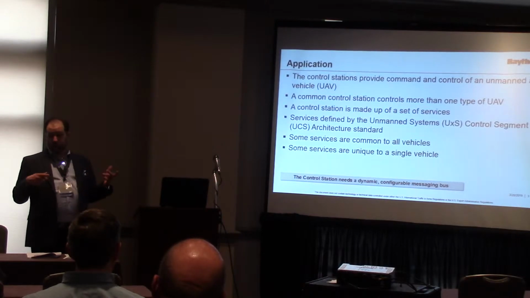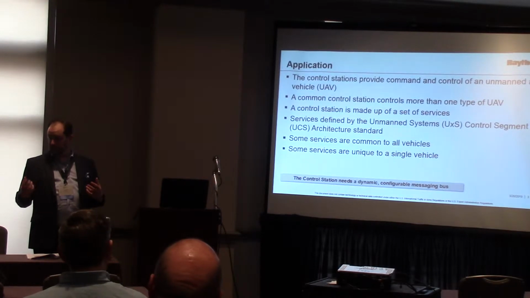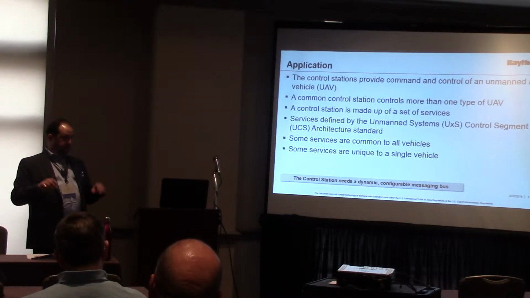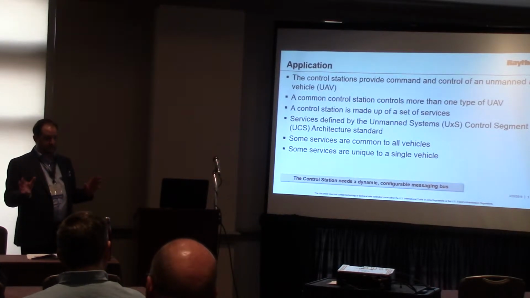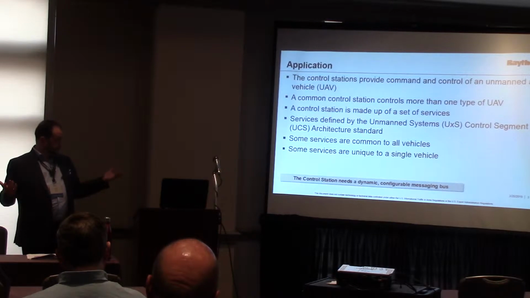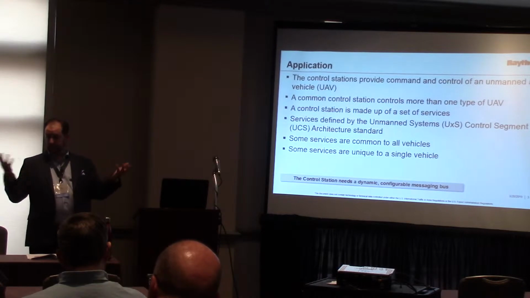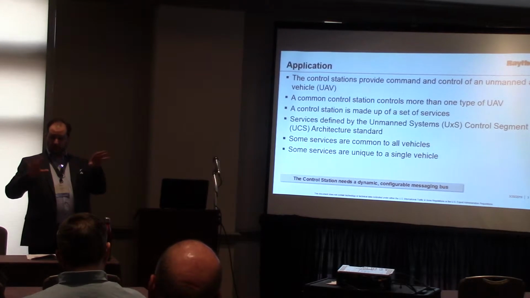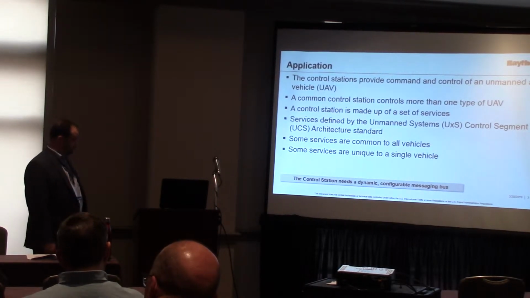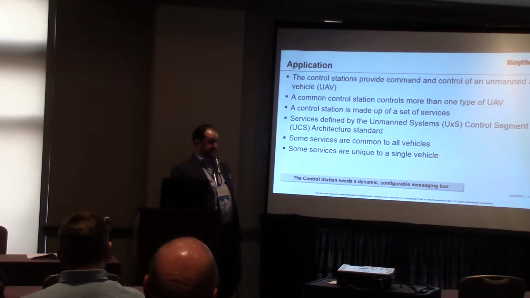What UCS did is divide the control station into a set of about 150 services, each of which performs specific capabilities, and then define the interface for every one of those services as a set of messages. So we have a data model, and everybody who implements the UCS architecture is implementing that same data model, and we have the ability to plug and play services. Is that standardized? Yes, it's now become an SAE standard within the last couple of years.